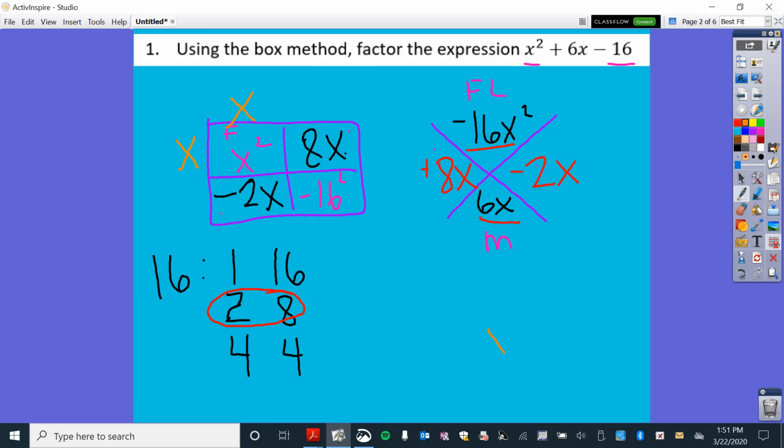Okay, well then 8x times what up here gives you 8x? An 8. And then what down here multiplies to x to give you negative 2x? A negative 2. So our factors would then be x plus 8 and x minus 2.